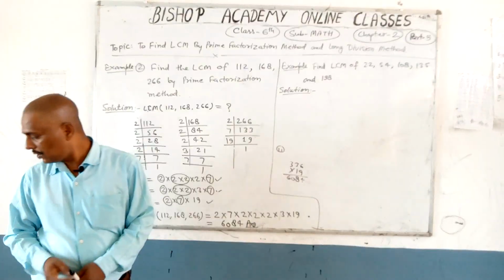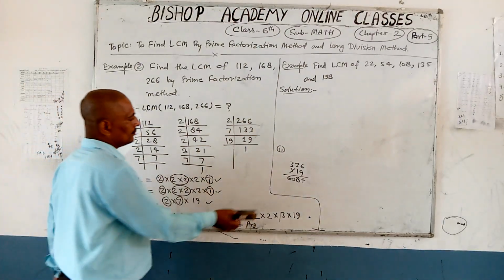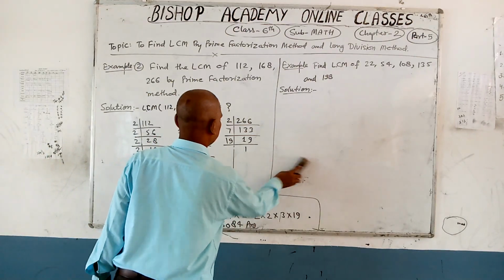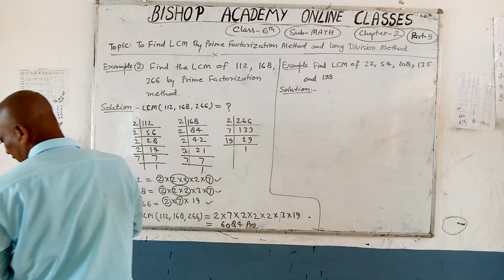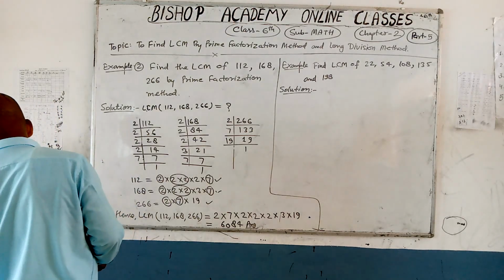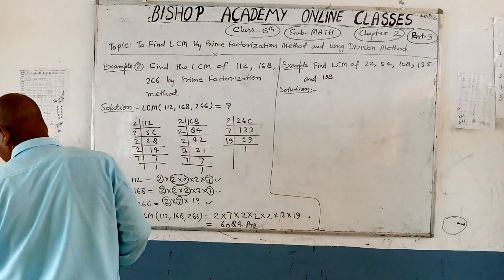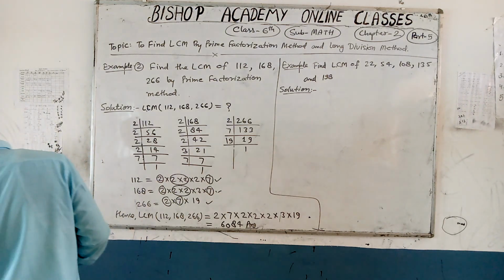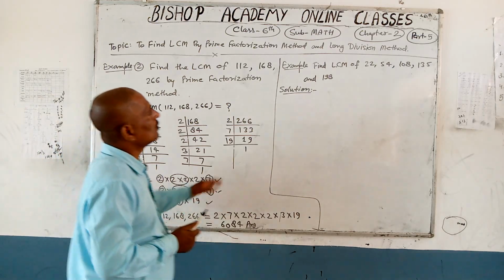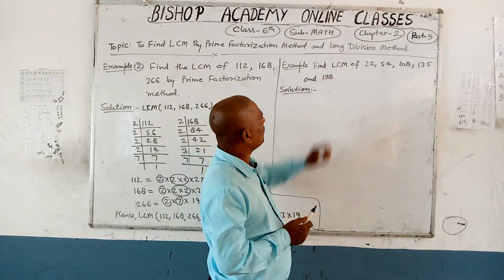In this way you got LCM of given numbers by long division method. Now understand this example.